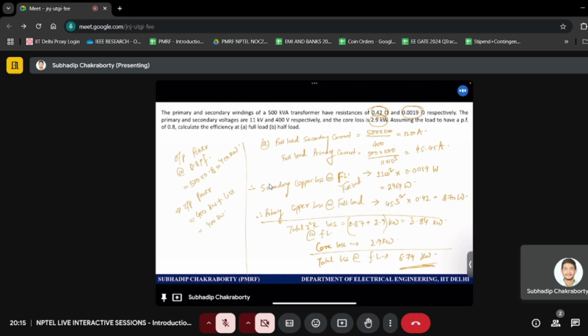So this is coming as 6.74 kilowatts, which is 406.74 kilowatts. So I supply this much, right? Therefore the efficiency is 400 by 406.74, 98.34%, right?